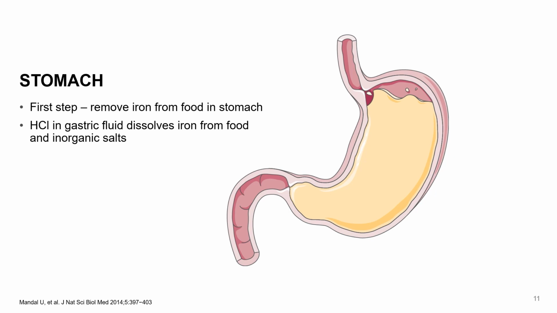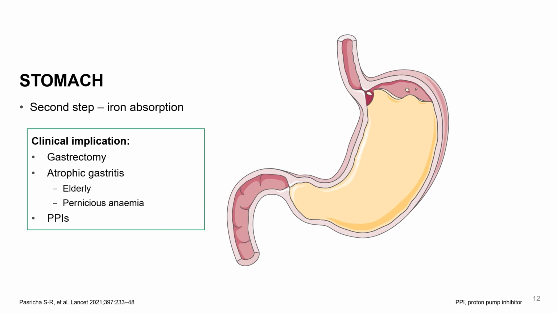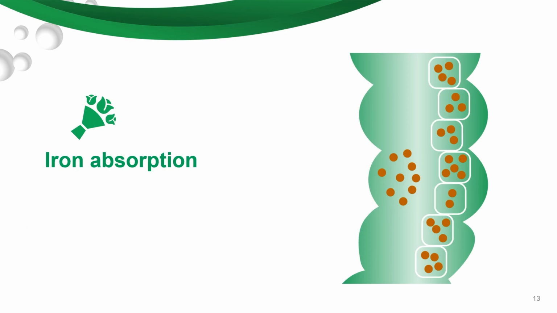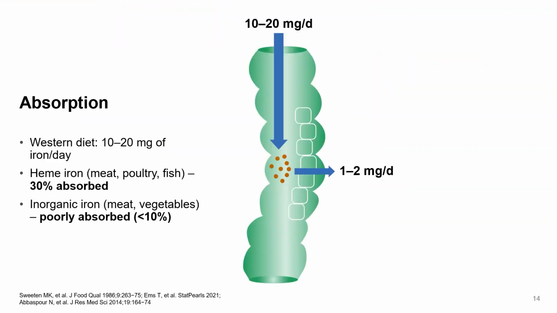And very important, because if you do not have an adequate amount of hydrochloric acid, such as in patients who've had a gastrectomy, if a patient has atrophic gastritis, as in the elderly, very commonly, or in pernicious anemia, or if the patient takes a proton pump inhibitor, all of these will lead to very poor iron absorption due to decreased hydrochloric acid production. The next step is iron absorption.